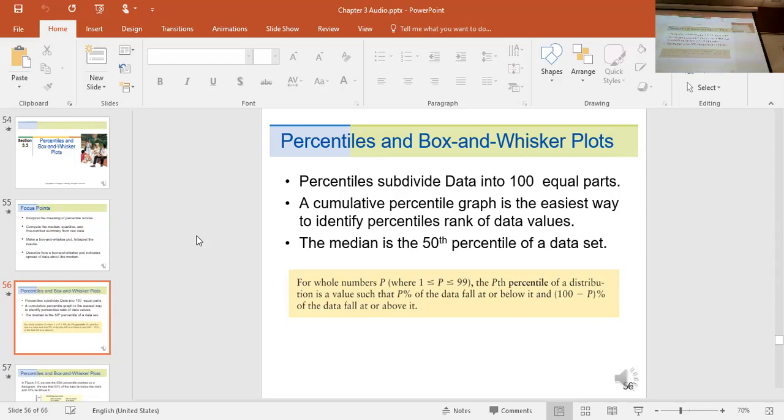It is called the percentile of x, or the percentile rank of x. We will say, for example, the percentile of x is 80%, or x is the 80th percentile. So we can say it in terms of rank or in terms of proportion.